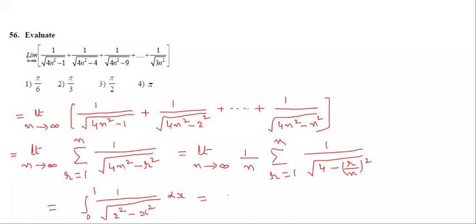Sine inverse x by a. A means 2. What is the limit? 0 to 1. Substitute upper limit. Sine inverse of 1 by 2, pi by 6. Substitute lower limit, you will get 0. Total answer, pi by 6. First option is correct.